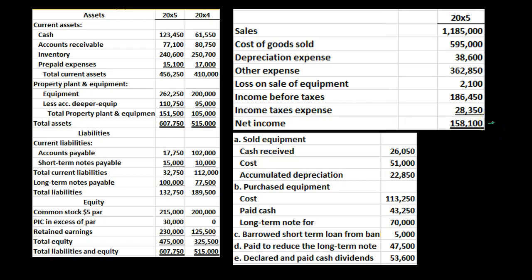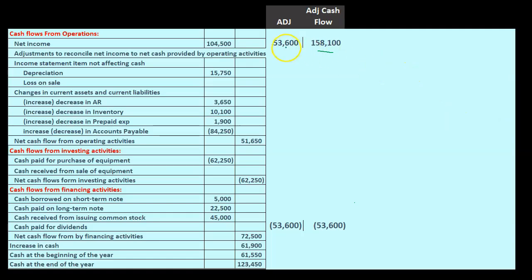If we started out just pulling this number and saying that's going to be our first number that we work with, and our first number is not on our worksheet that we're using, then it's very likely that we wouldn't understand what the differences are, be able to figure out why we're not in balance. If we use this number, which is not net income, but then go through this whole process, then we can now figure it out in a systematic way.